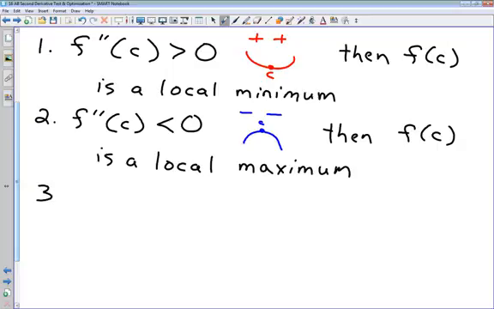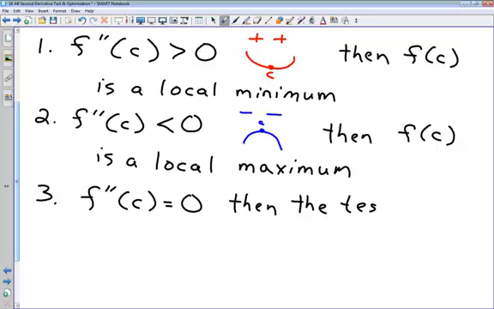There's a third possibility: our second derivative is not positive, it is not negative, it is in fact equal to 0. If our second derivative is equal to 0, then unfortunately the test doesn't work. I kind of wish I'd saved the sad face for option number 3, because really what option 3 is telling you is that the second derivative test isn't giving you any useful information about your curve.